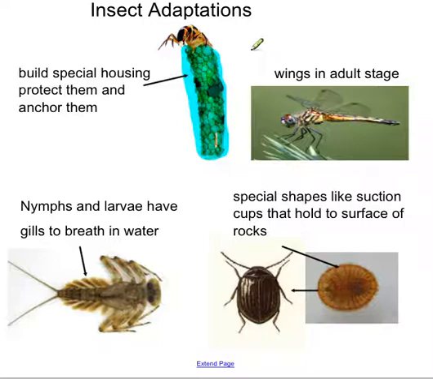Something else that aquatic insects have, in their nymphal and larval forms, is gills.